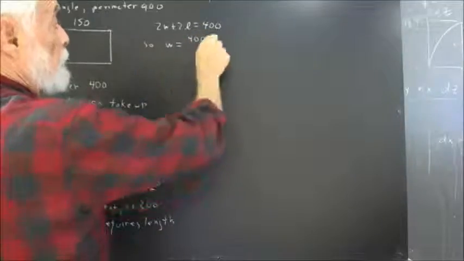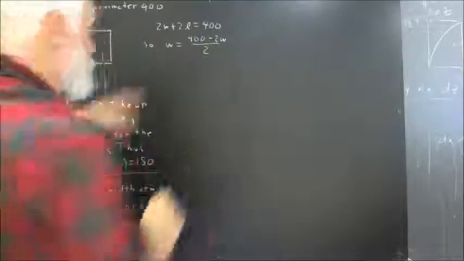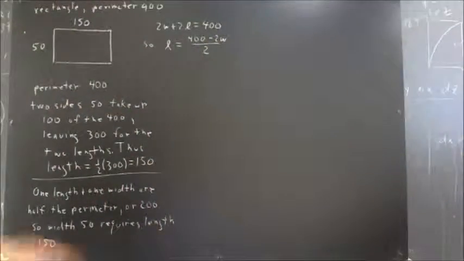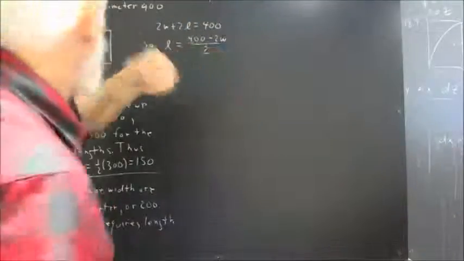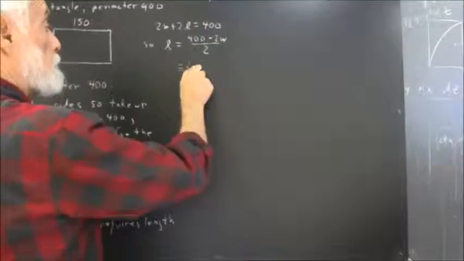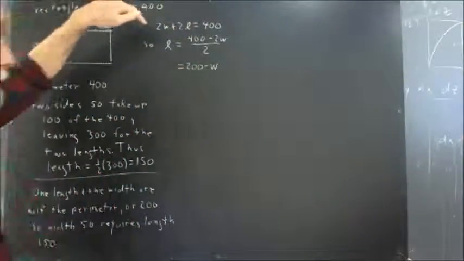Actually, we want to solve for the length. Okay, so we get length is (400 minus twice the width) over 2, which of course is 200 minus the width. Now, I assume you can solve this equation for L.